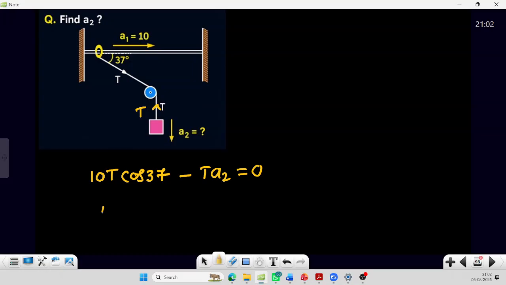So this value here, 10 into 4 by 5, is equal to A2. So A2 is equal to how much? 8 meter per second square.